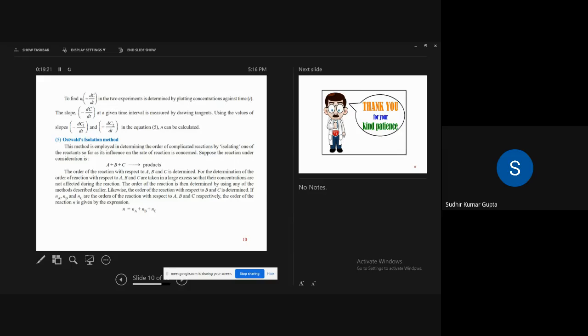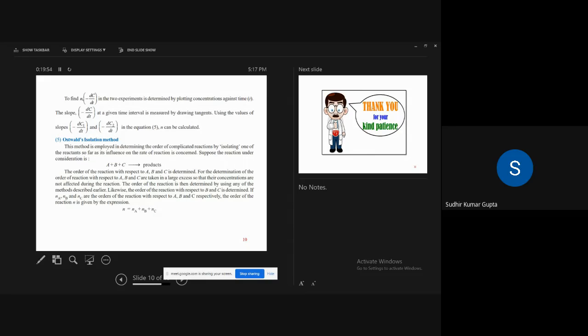So that the change in their concentration relatively does not affect the rate of reaction. From that, by using the previous methods, we get that the rate depends upon k into the concentration of A raised to the power nA, so we can get to know nA. Similarly, we do it for the others to get the overall order of the reaction.